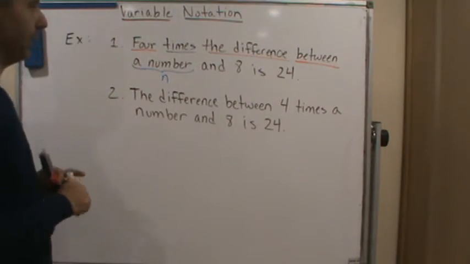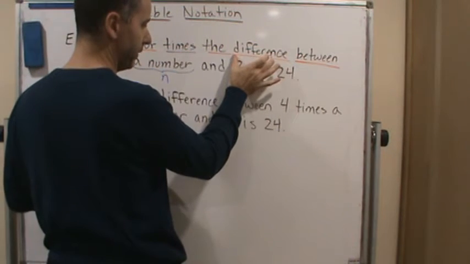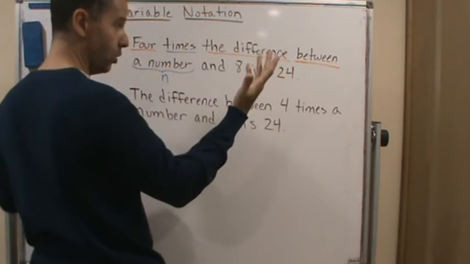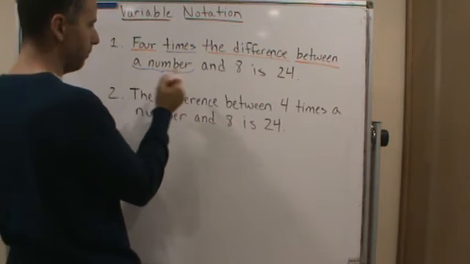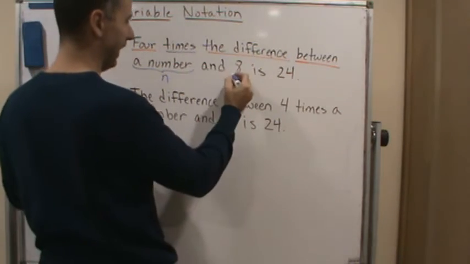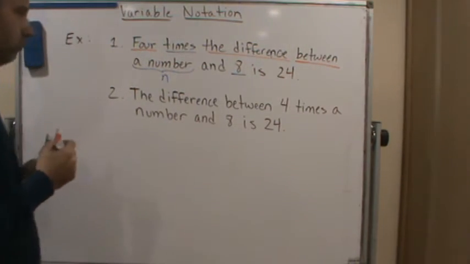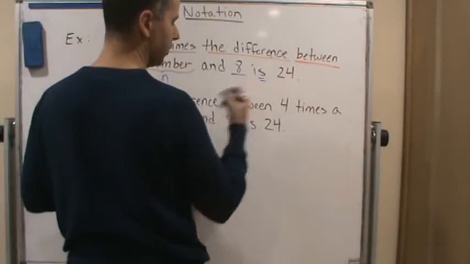So we're taking 4 times the difference between two other numbers. Well, the difference is between a number and 8. And of course then we have equals and then 24.